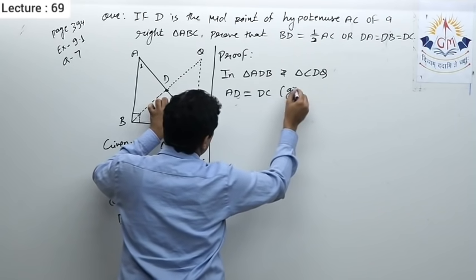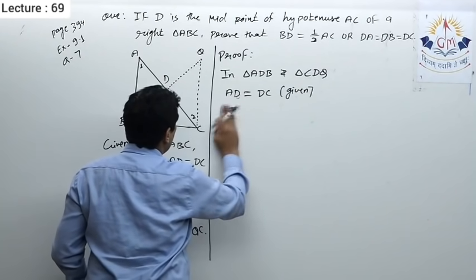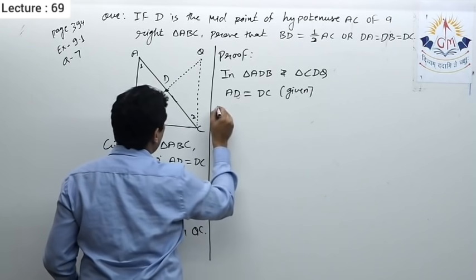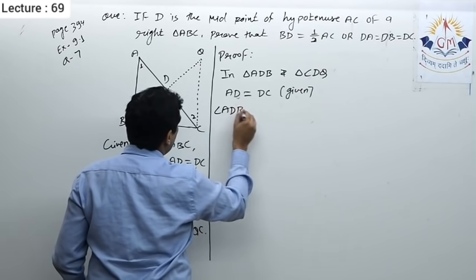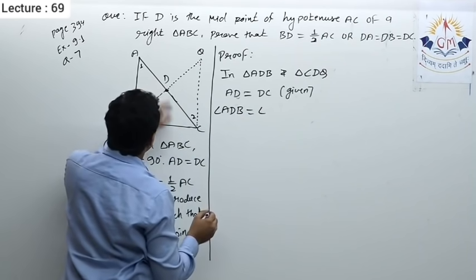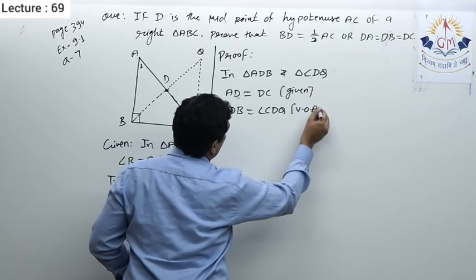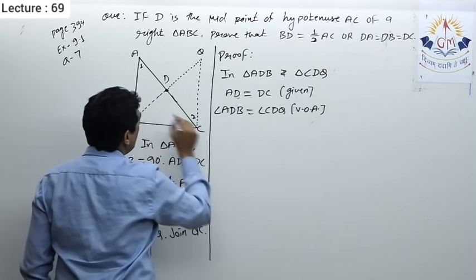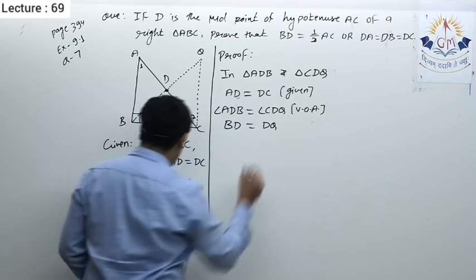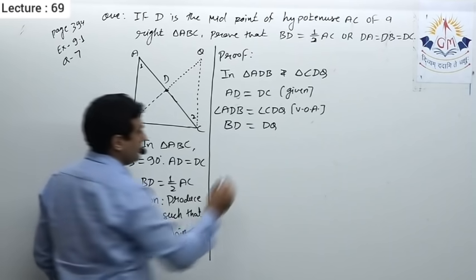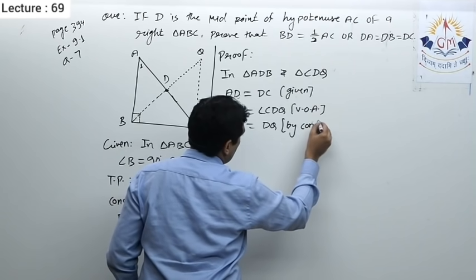Why? It is given. Okay, AD equal to DC, given. Then angle ADB is equal to angle CDQ, vertically opposite angles, and BD is equal to DQ. Why BD equal to DQ? By construction. Okay, so here I'll write by construction.